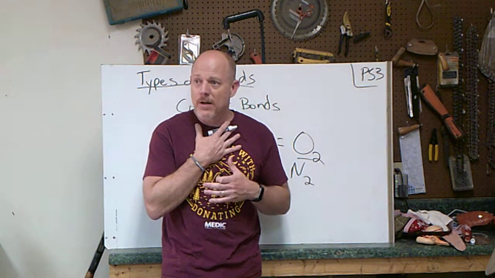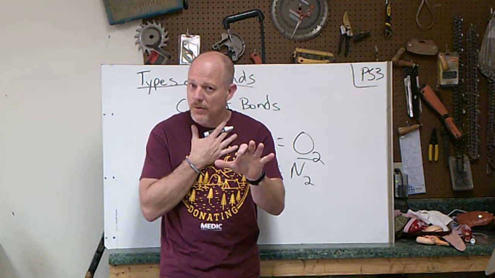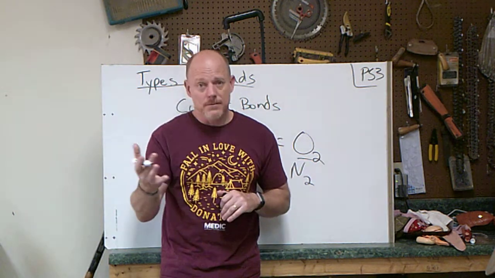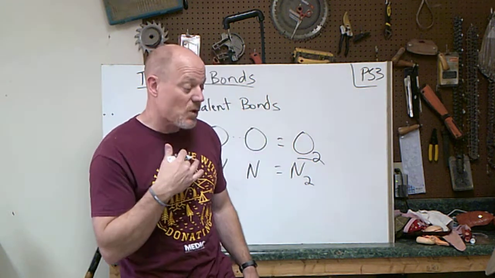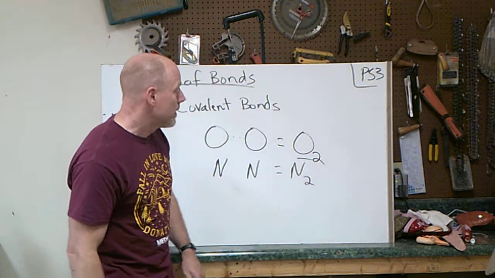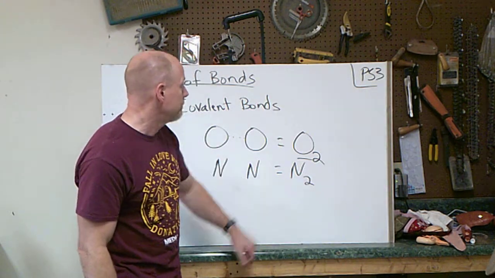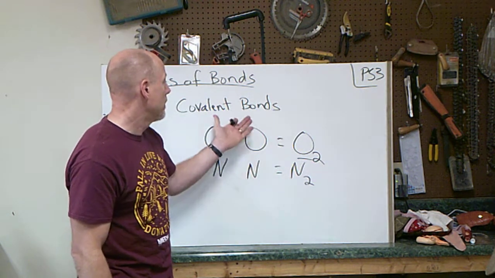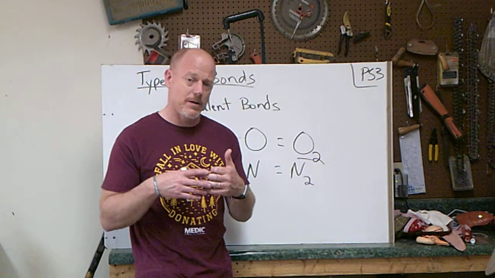I don't have COVID, by the way, all right? I have winter allergies moving into springtime. Every year, I go through coughing fits when I talk a lot, so it's making videos difficult, but we have N2 gas, nonpolar. It's a covalent bond because they're sharing electrons.